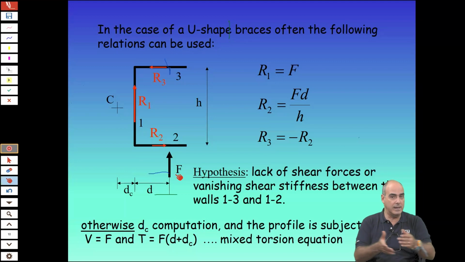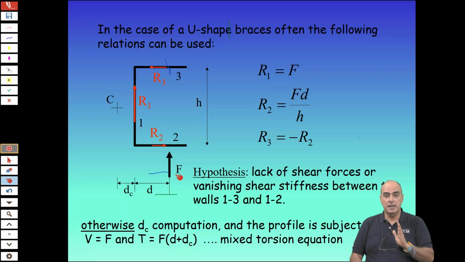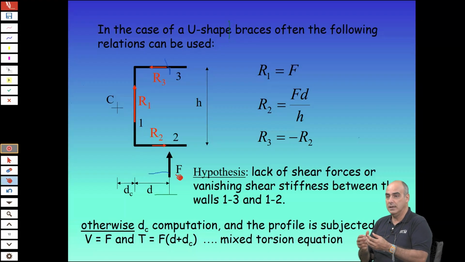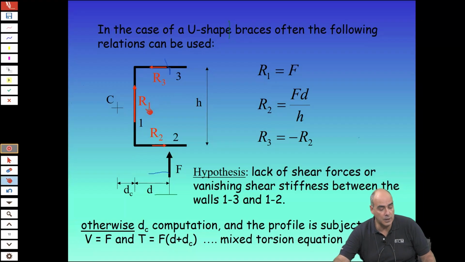Imagine that x and y in the plane are the usual axes. We have one wall in the y direction and two walls in the x direction. The walls or parts of the wall in the x direction do not participate in the resistance to a force in y. So the force equilibrium will only be guaranteed by this element here, R1 equal to F.